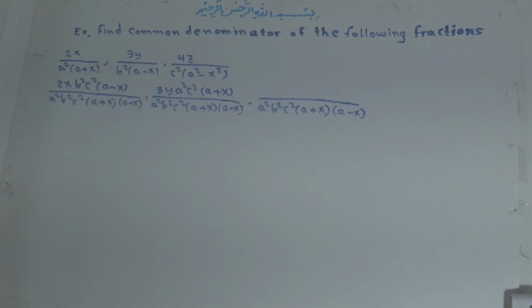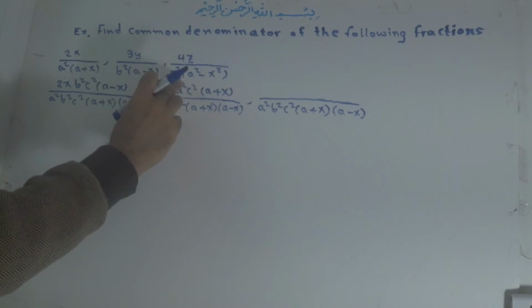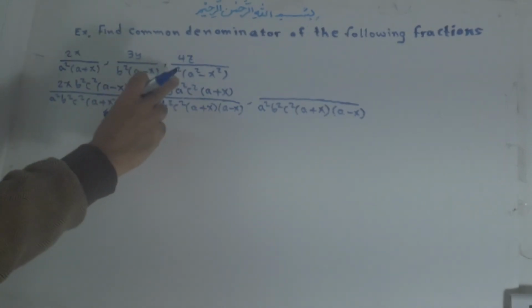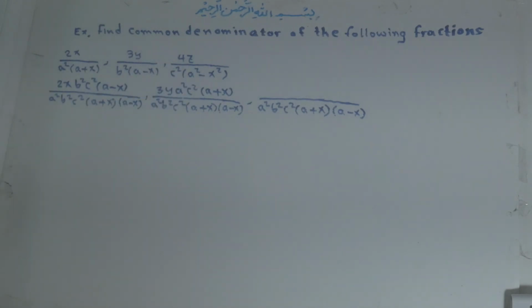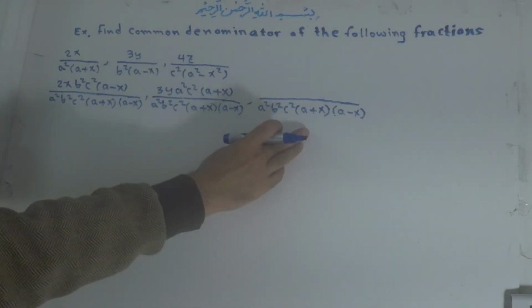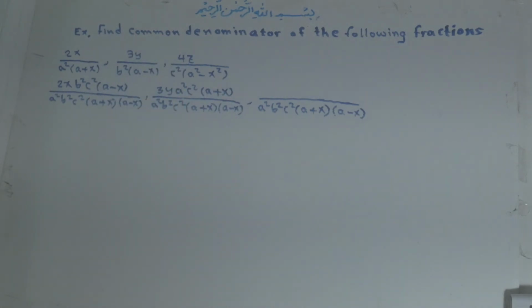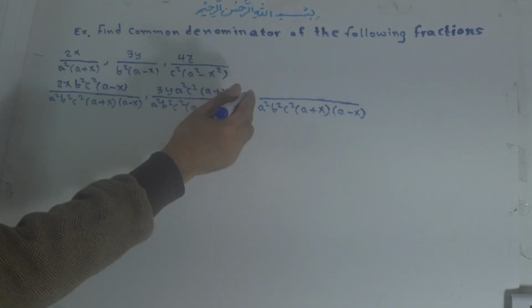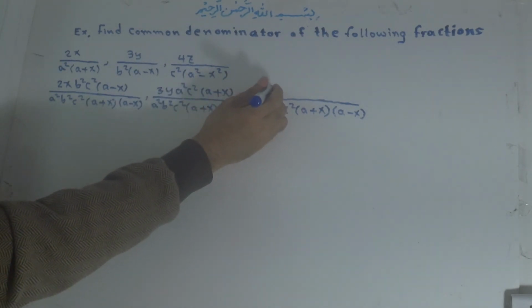Now if you divide this one by this, c to the power of 2 cancels with c to the power of 2, and a to the power of 2 minus x to the power of 2 cancels with both of these, because if you multiply these it gives us a to the power of 2 minus x to the power of 2. The only thing remaining is a to the power of 2 b to the power of 2, and we multiply that with the numerator.